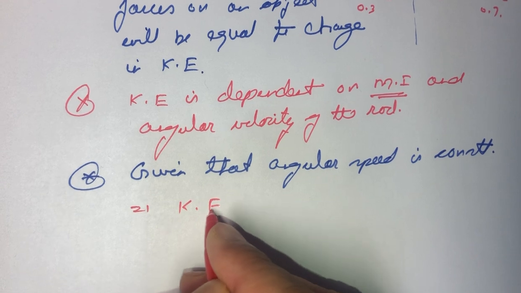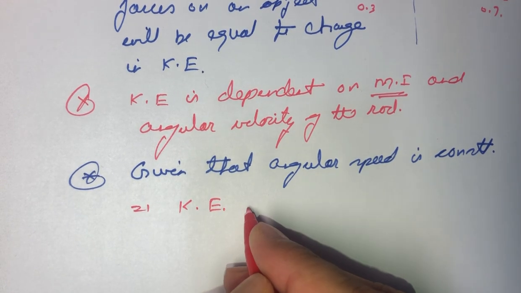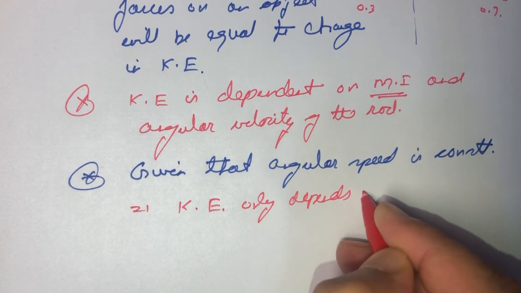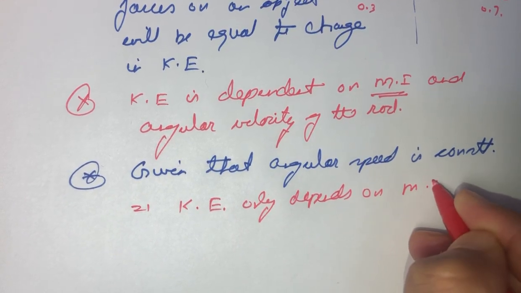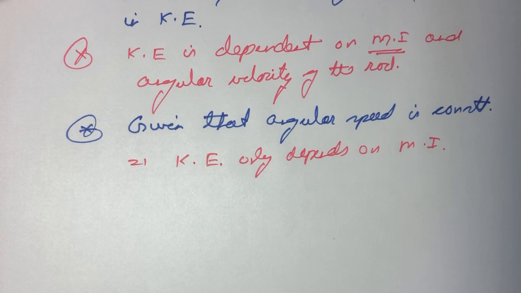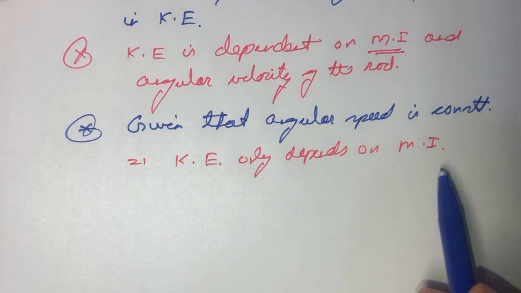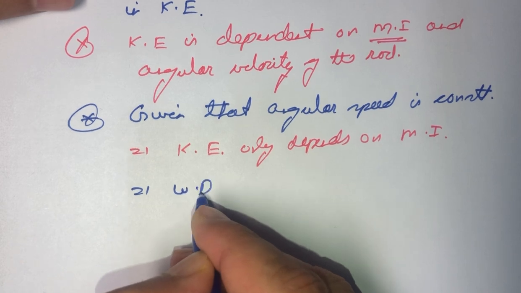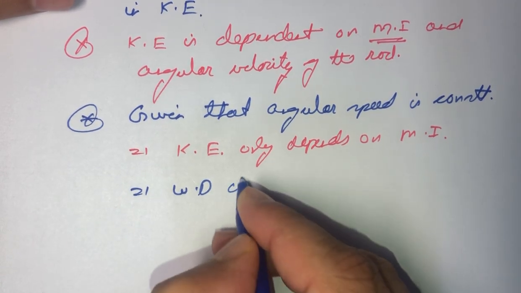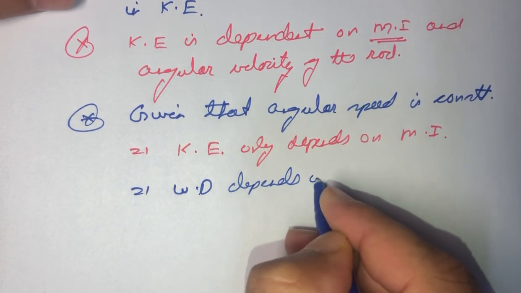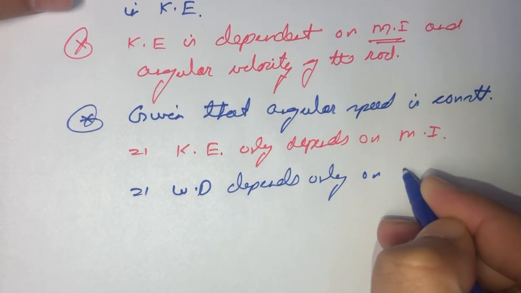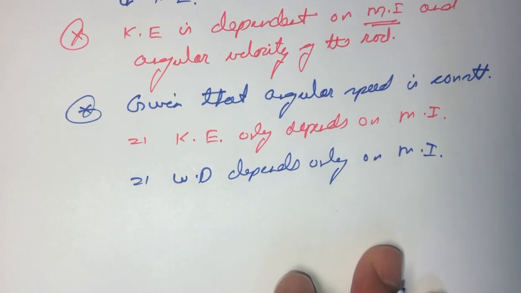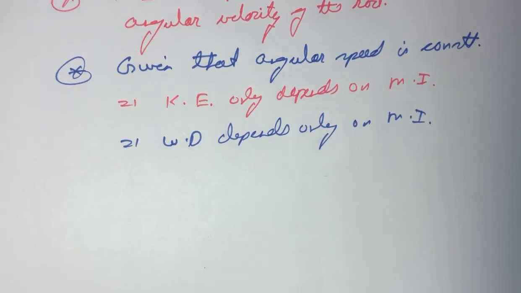Therefore kinetic energy only depends on moment of inertia, or we can say that work done is now only dependent upon moment of inertia. So work done depends only on moment of inertia, and in the question it is asked that the work done should be minimum.